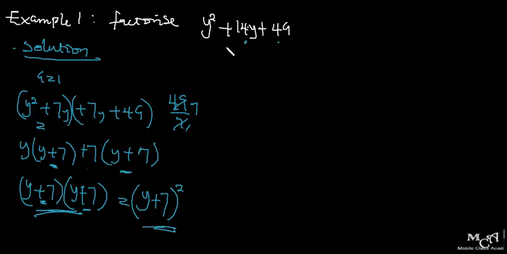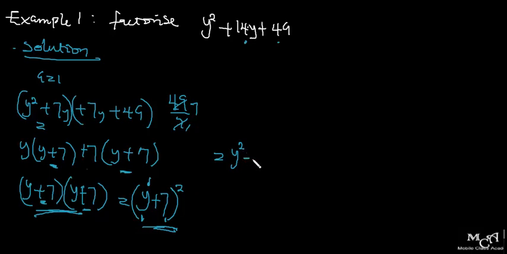Now, remember the formula we are given: if we are expanding a perfect square, what is the formula? This is our first term, y. This is our second term, 7. So the formula is square of first term. What's our first term?